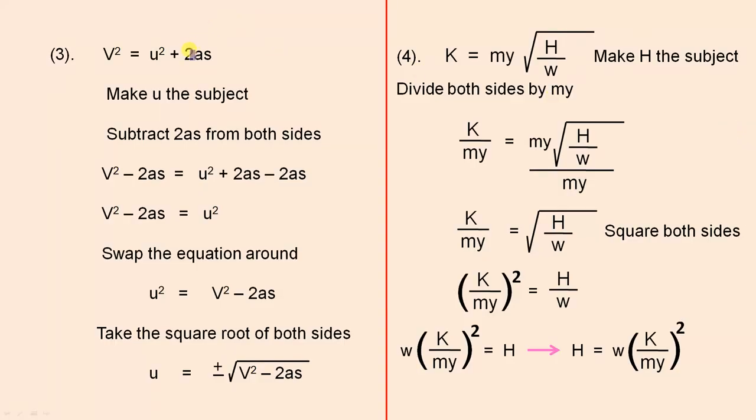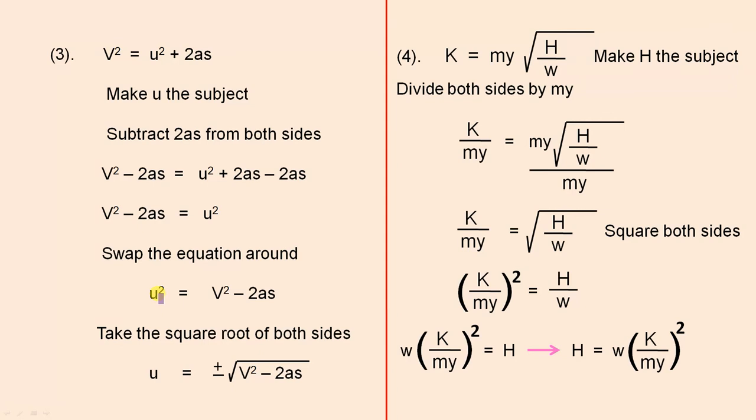Number 3, V squared equals U squared plus 2AS, we're making U the subject. Now, we subtract 2AS from both sides, so we've done that there. When that is simplified, we end up with this line. We swap the equations around to put U on the left-hand side, which gives us this line.